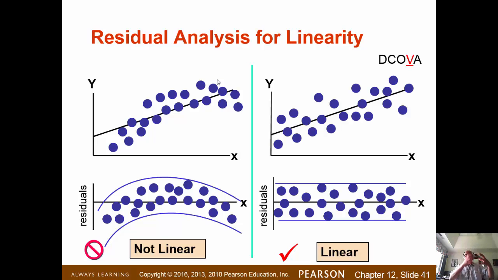If the model has sufficiently extracted all the information from the data, then the residuals must be completely random, and if the residuals show a pattern like any one of these, the linearity assumption, the beta sub 0 plus beta sub 1 x model, is inadequate.